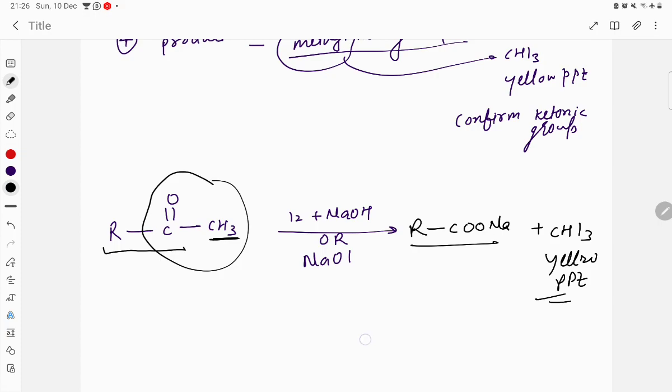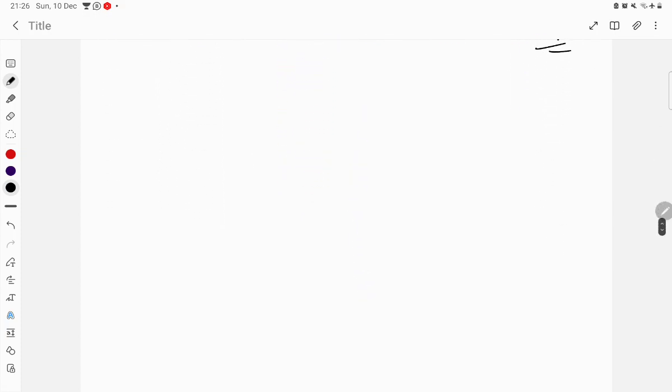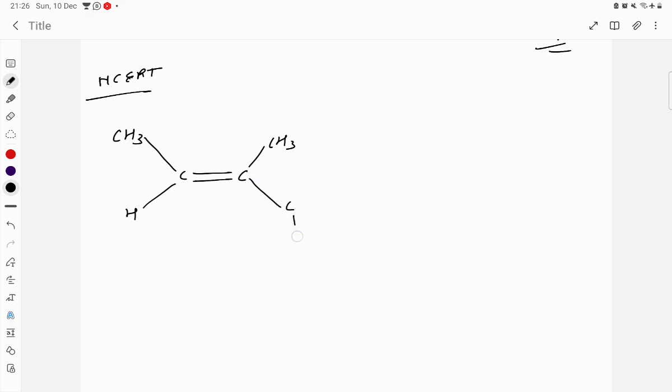Now the next one, which I am taking from the NCERT book exactly, with no change. In this compound, the carbon-carbon double bond is not affected; it stays as it is.